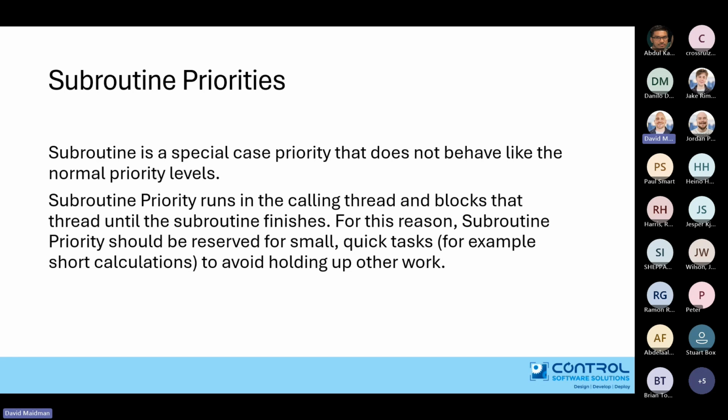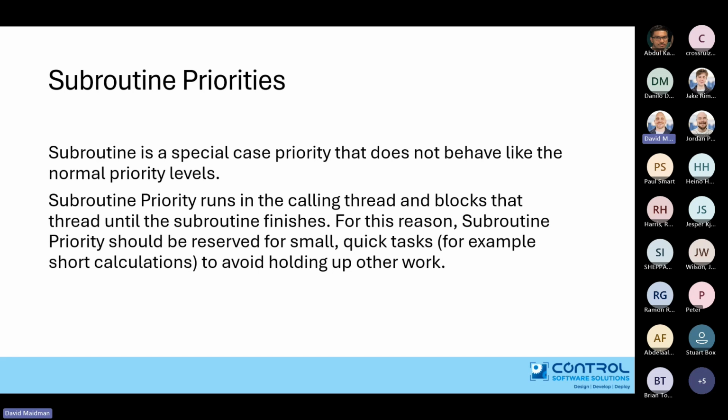So if the calling sub-VI is in the standard execution system at normal priority, there'll be no context switch. It will stay exactly where it is and it will execute your subroutine.